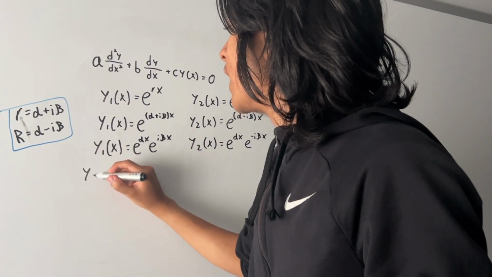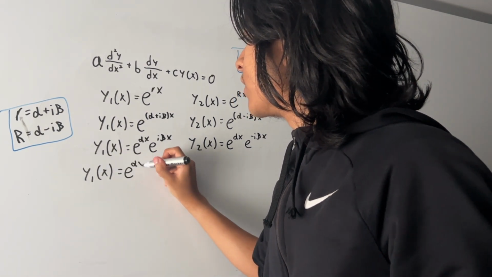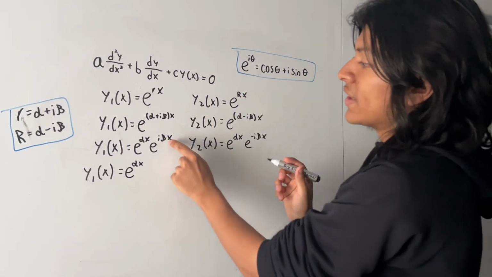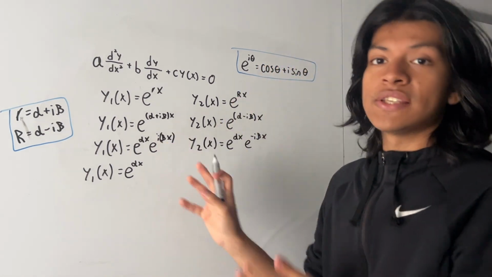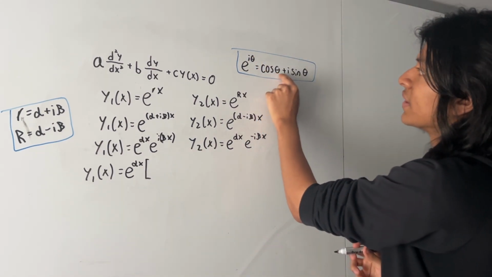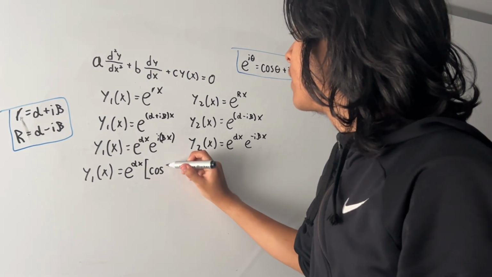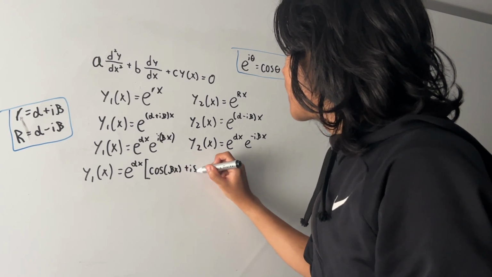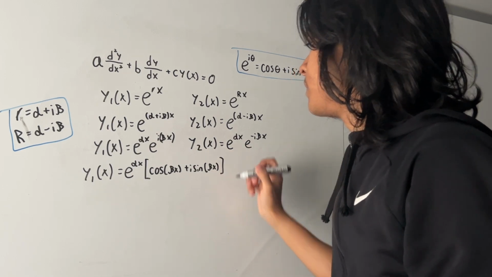So y1 of x: e to the alpha x stays the same. And for here, our theta is going to be beta times x. So instead of having theta here, we're going to put beta x. So here we have cosine beta x plus i sine beta x.